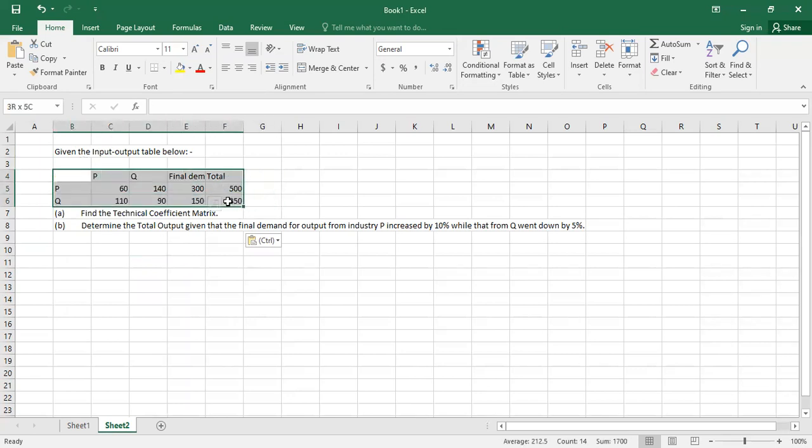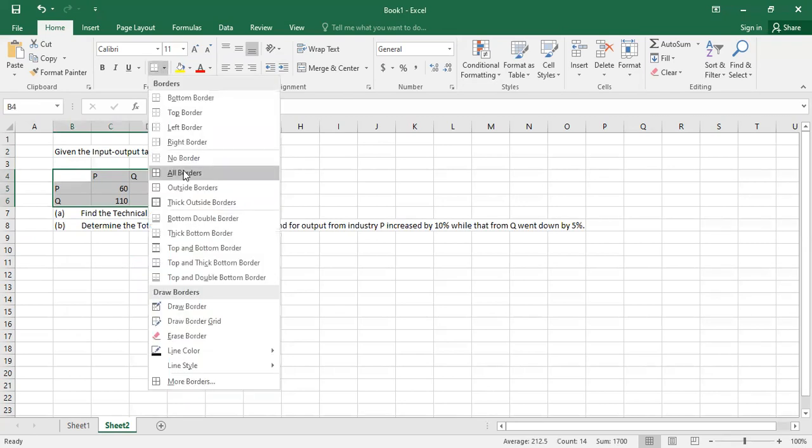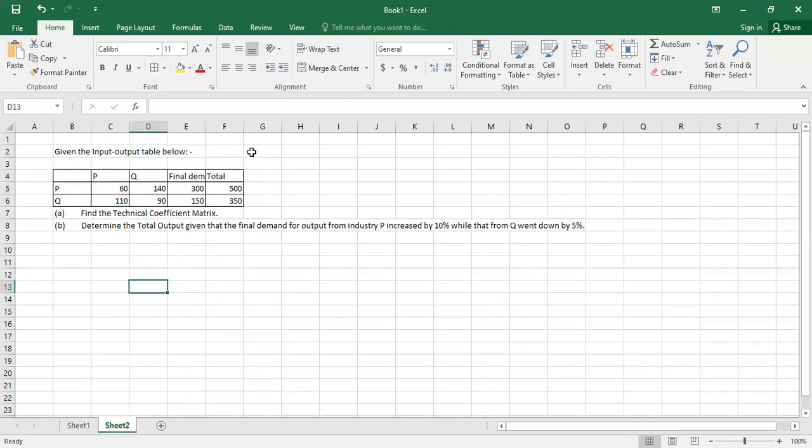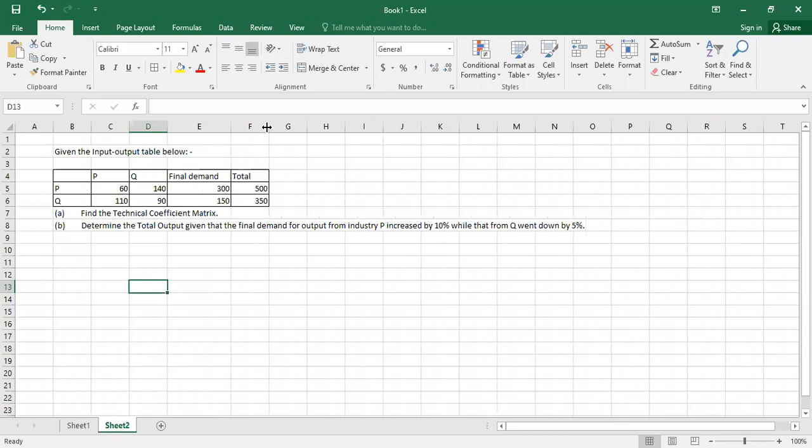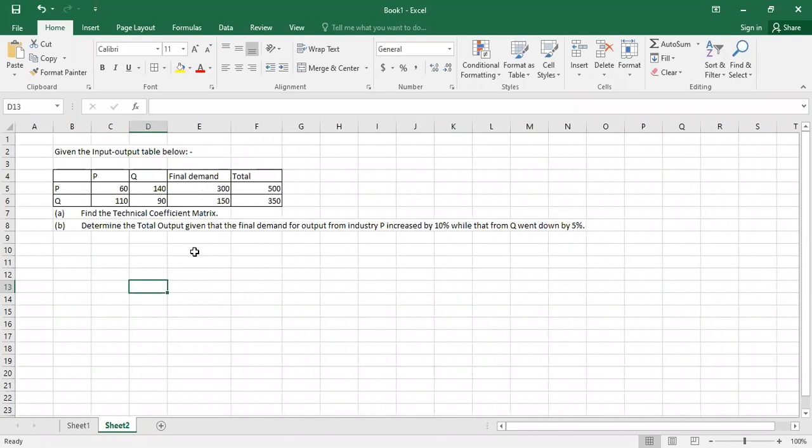I've taken the question here and read from the same page. We've been given the input and the output of two sectors of the economy, P and Q. So I have the final demand, and this is the total quantity demanded.